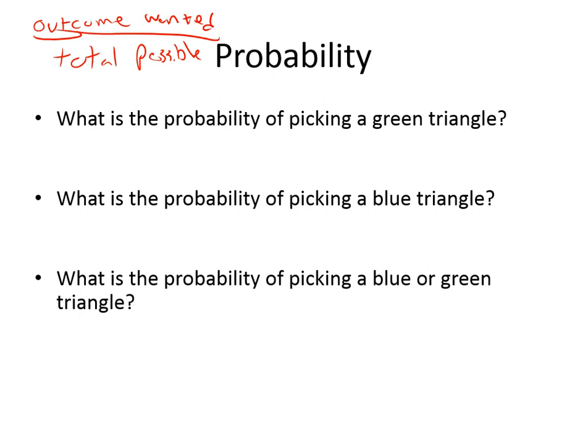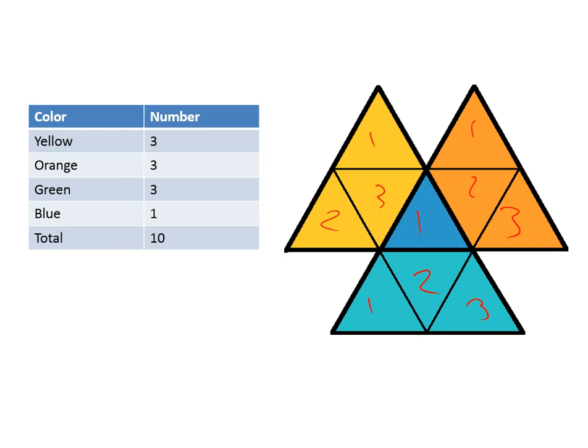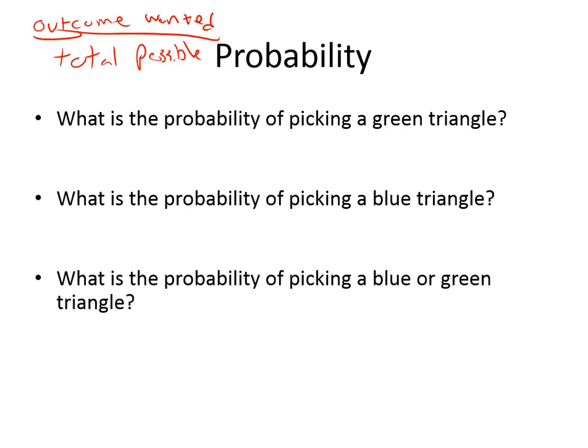If we have what's the probability of picking a green triangle, we go, okay, how many greens are there? There's 3 greens. And then how many total are there? There's 10. So the probability would be 3 over 10, or 30%, 0.3.